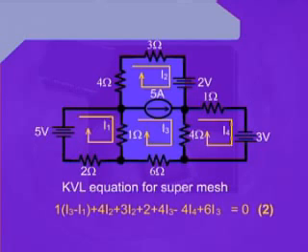Hence, we can write plus 4I3 minus 4I4. As we pass through the 4 ohm resistance, we reach the 6 ohm value. This 6 ohm has only one current passing through it. Hence, we can write plus 6I3 equals 0, because after writing this term, we reach the starting point.